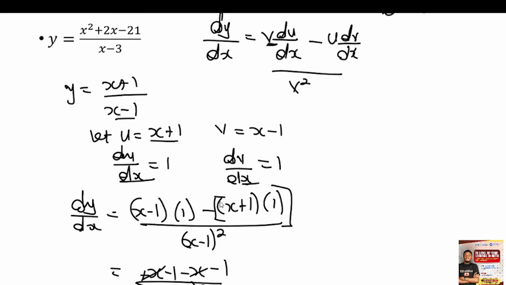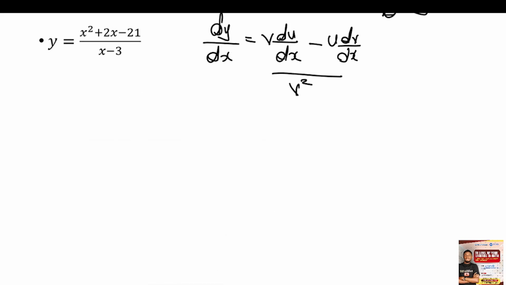Now let's take our third example here. In our third example, we have our function y equals x squared plus 2x minus 21 on x minus 3. So as usual, let me rewrite the function here again. x squared plus 2x minus 21 on x minus 3.